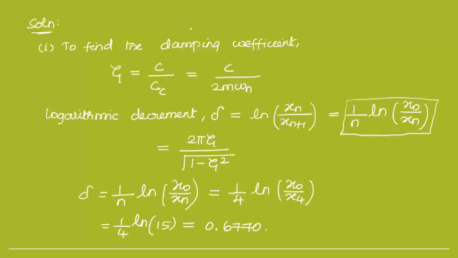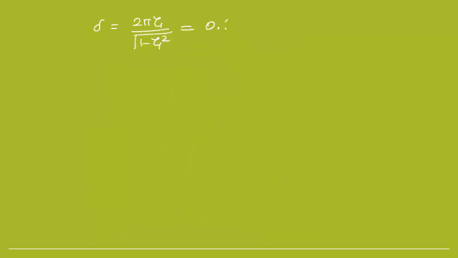Now we can calculate the value of zeta using the relationship equation. We have calculated the value of del in the previous step as 0.6770. By simplifying this expression, we can calculate the value of zeta.